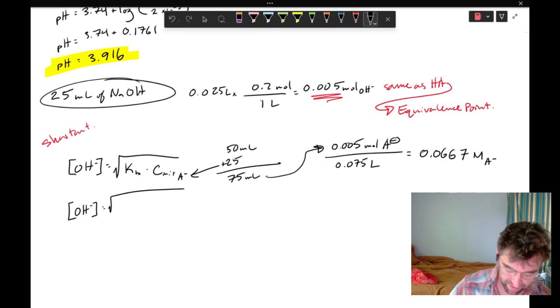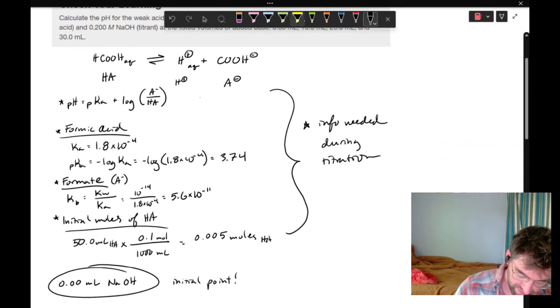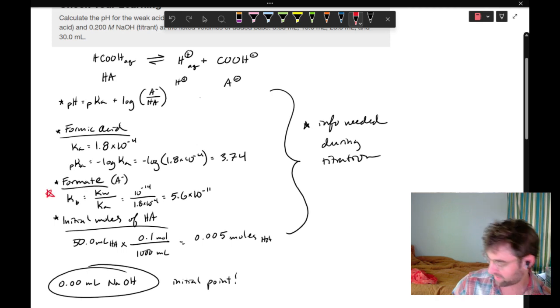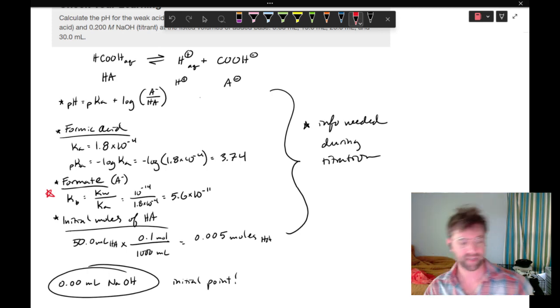Our Kb value for that conjugate base, for formate, we calculated earlier. And I just got a low battery notification on my headphones. So give me just a second to switch over.